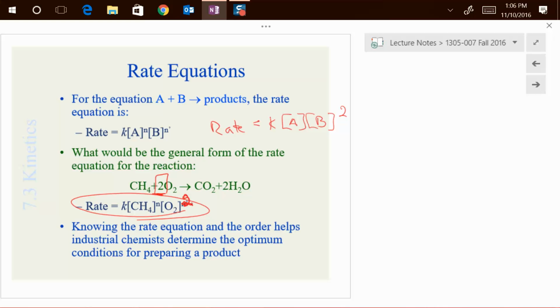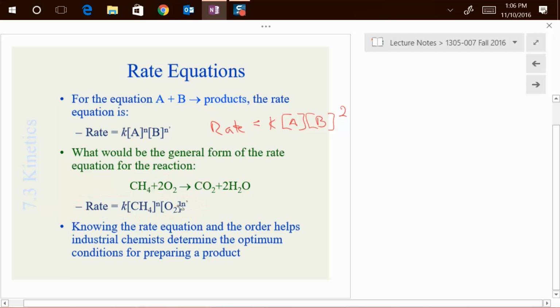You do not use the coefficient as the order in rate. You do use the coefficient as the order with an equilibrium equation, but not with rate expressions. Okay? So this is not necessarily second order. They have to tell you what the order is. You cannot use the coefficient. They have to tell you.